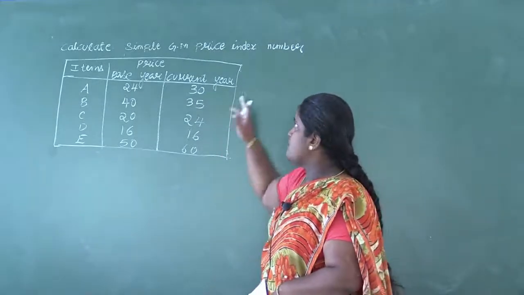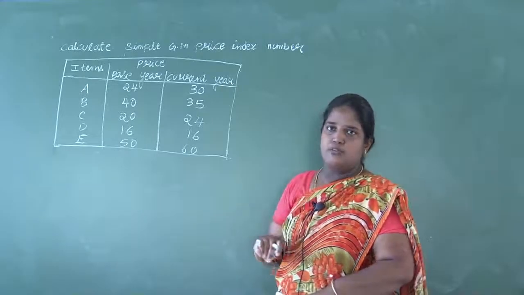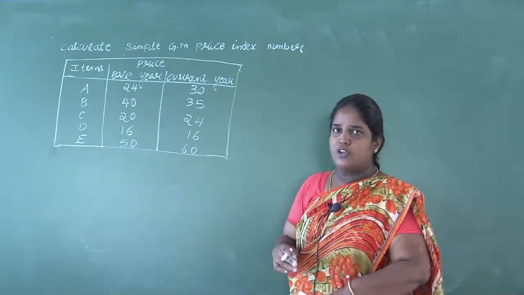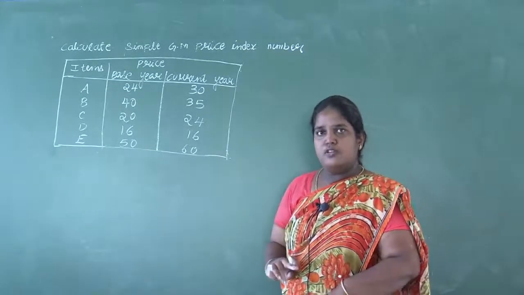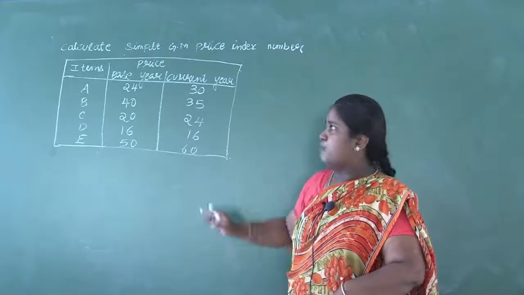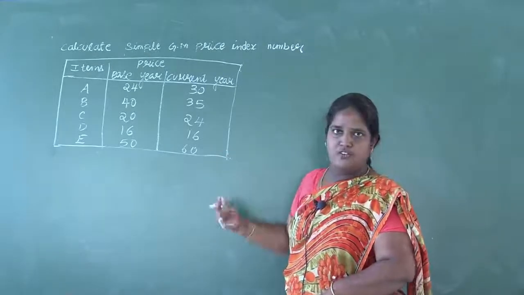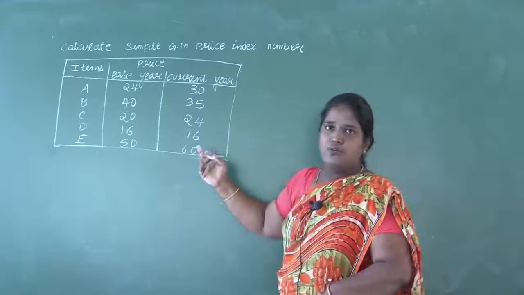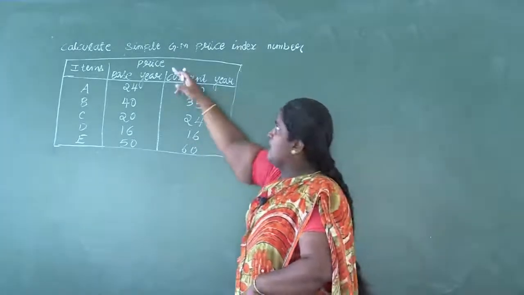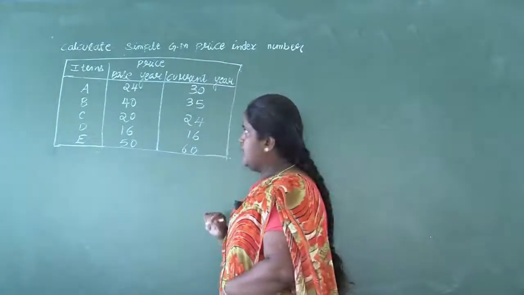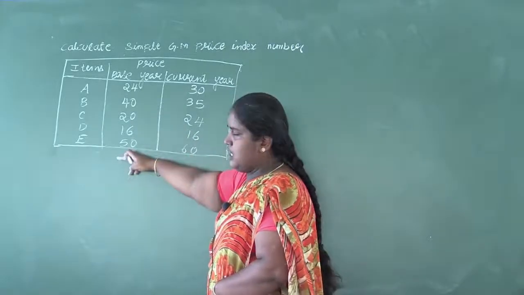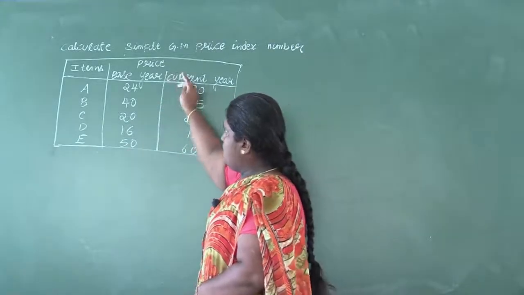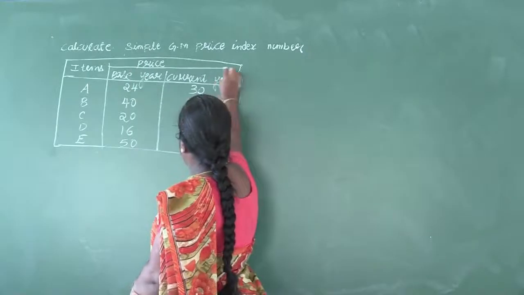This is the second problem which we are going to do now. So calculate simple geometric mean price index number. So the previous methods what we have done, I have included both arithmetic mean and geometric mean, but now we are going to do it individually. How we have to do it, we'll do it now. So items are there up to E. In price we have base year and current year.